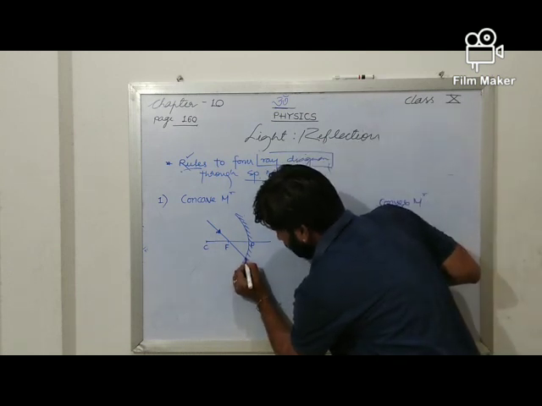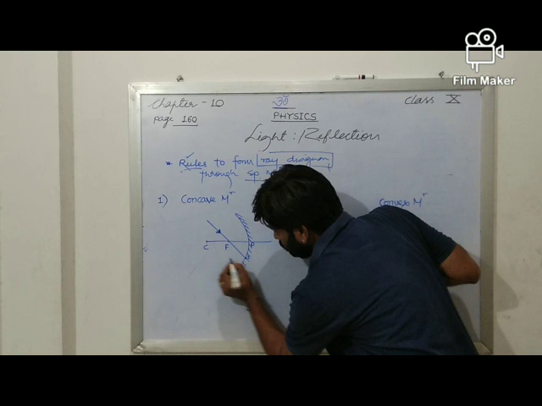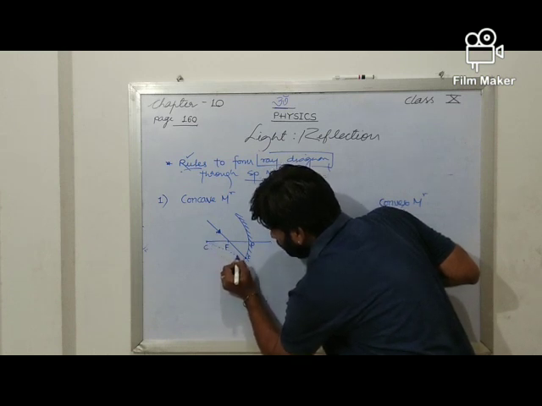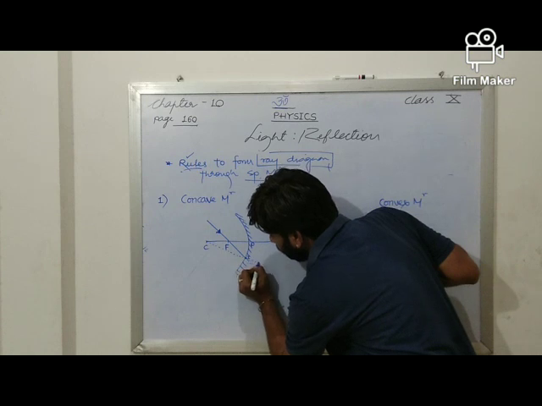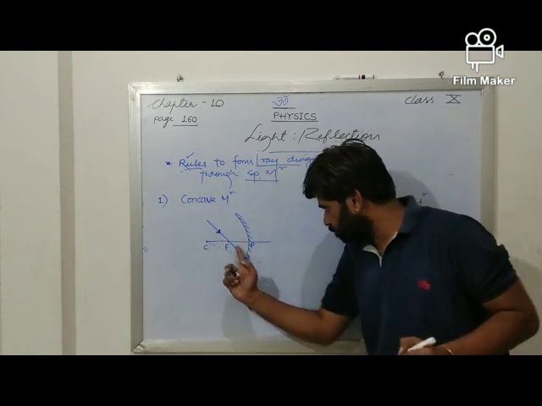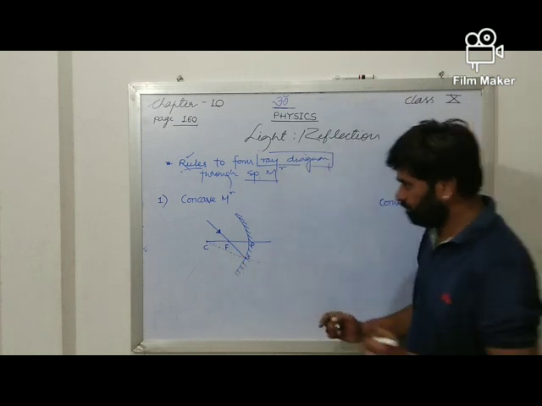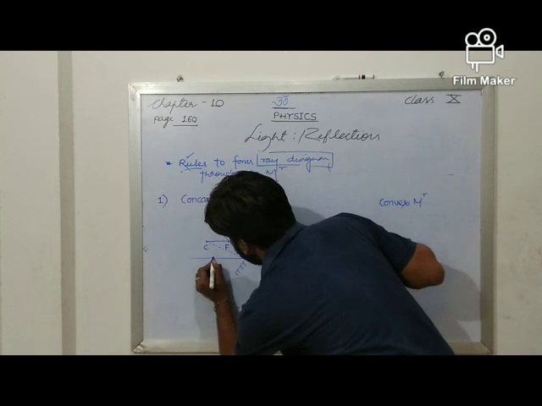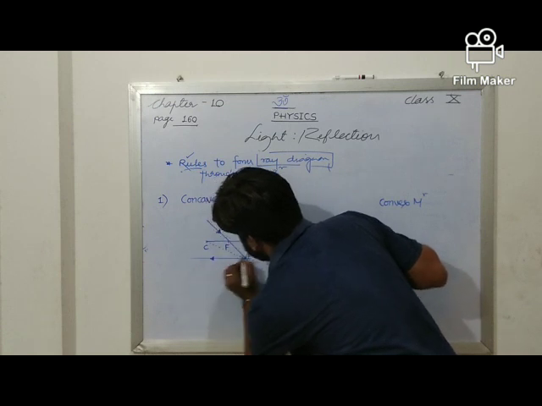Now again, we are having a point of incidence, so we have to draw a normal from the center over this particular one. Now, when a light passes through the focus, just after reflection, it will move parallel to the principal axis.